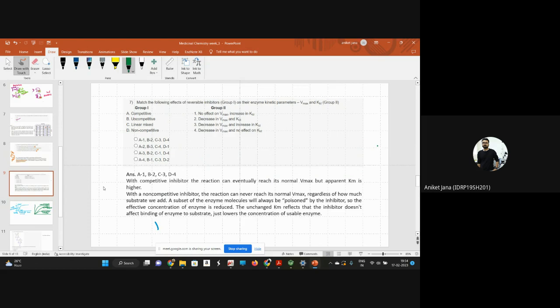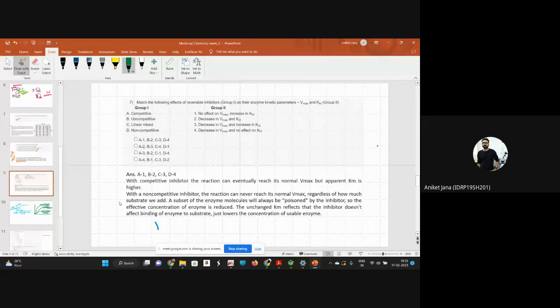With the non-competitive inhibitor, the reaction can never reach its normal Vmax, regardless of how much substrate we add. A subset of the enzyme molecules will always be poisoned by the inhibitor, so the effective concentration of the enzyme is reduced. The unchanged Km reflects that the inhibitor doesn't affect the binding of the enzyme to the substrate, it just lowers the concentration of usable enzyme.